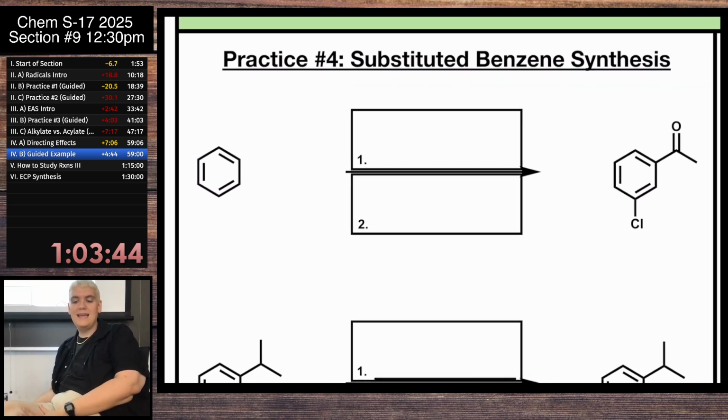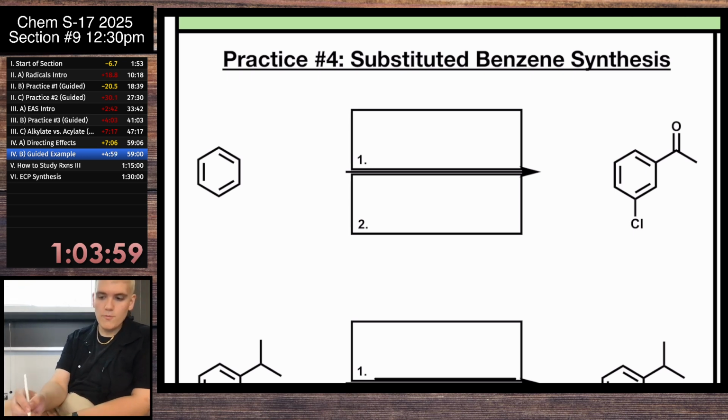So we need to add an acyl group and a chlorine. What is the relationship between them? Meta. Which of those is a meta director, the acyl group or the chlorine? Acyl. So it would make sense that we could add the acyl group first, and then it's meta directing.